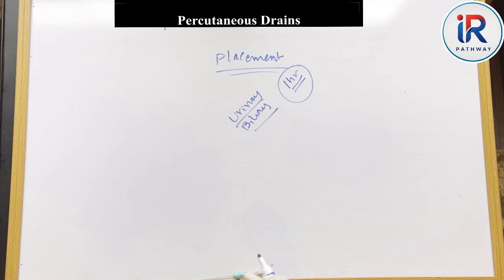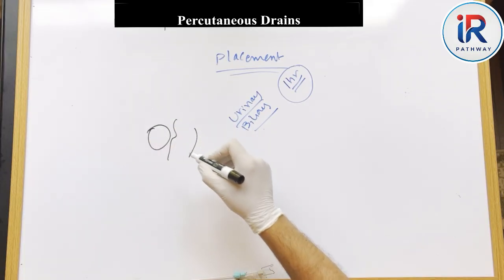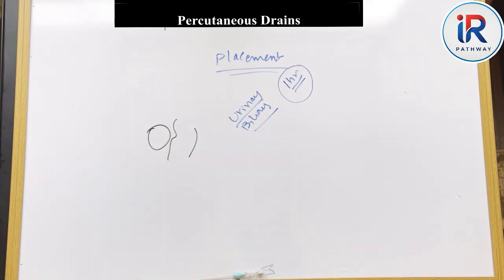Now, drain placement can be done under CT or ultrasound guidance, and the choice depends on your comfort level. If ultrasound clearly shows the collection and the surrounding critical organs, the procedure can be safely done under ultrasound.